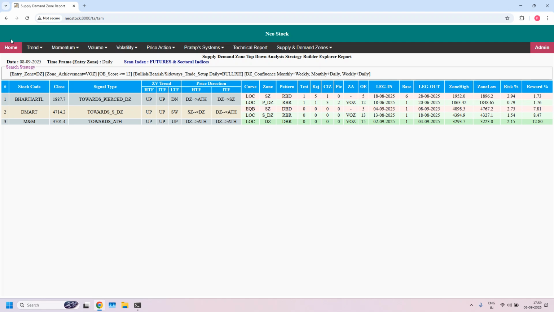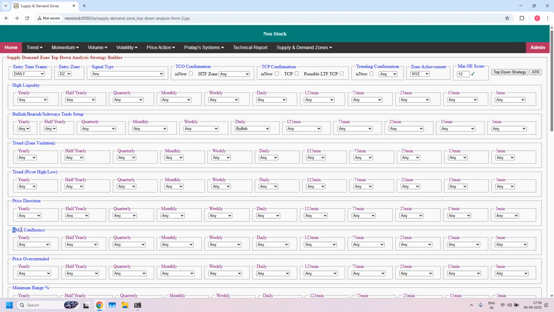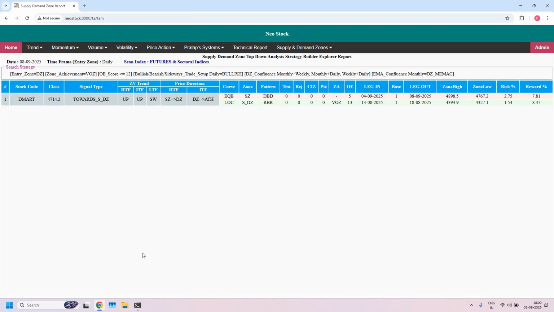Let's further filter based on monthly demand zone having monthly EMA confluence, because monthly trend is uptrend in all the 3 stocks. So one stock is filtered. So this daily demand zone might be having more high probability to get success, provided lesson 20 checklist items are satisfied. Otherwise, there are higher chances of zone violation.